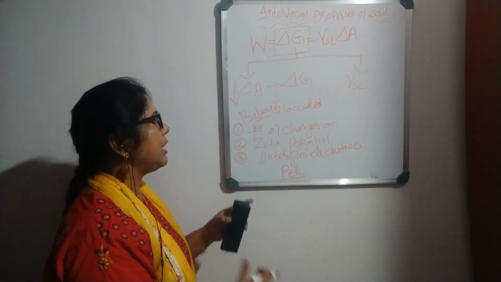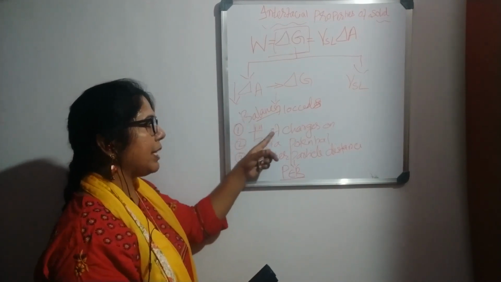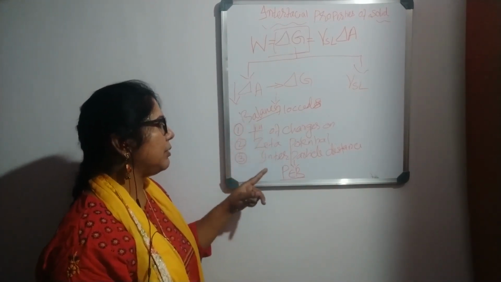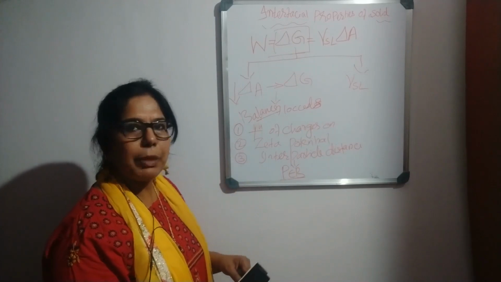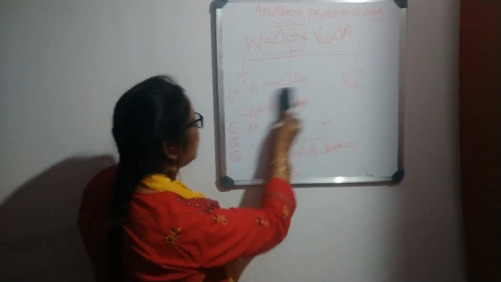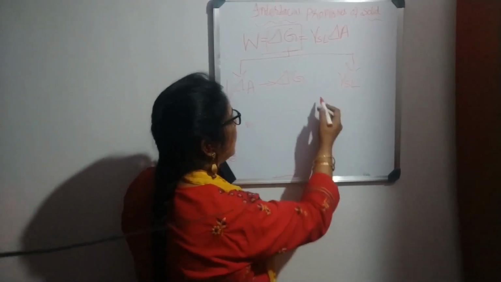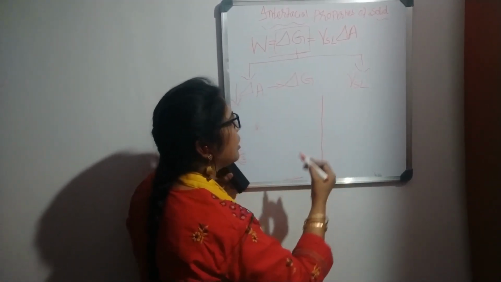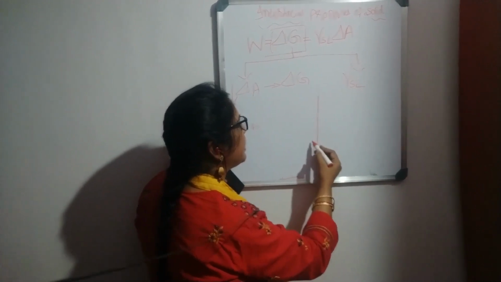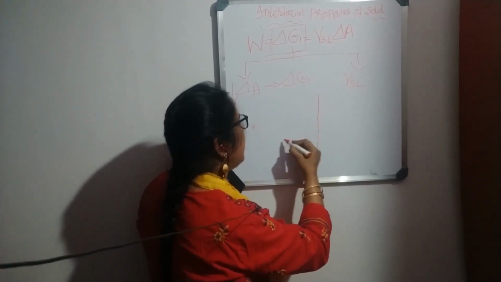So now we will see how we can achieve this by the addition of charges, by the zeta potential and the interparticle distance. This I will explain by taking one graph. We will plot a y-axis which depicts the interparticle energy.